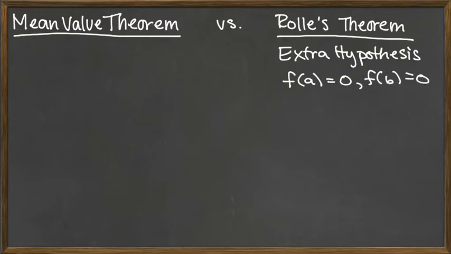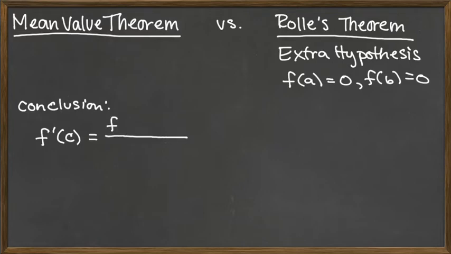Given that extra piece of information, let's compare the conclusions. The conclusion of the mean value theorem was that the slope of the tangent line equals the slope of the secant line. So the slope of the tangent line is our f prime of c, and that equals our slope of the secant line, which was (f(b) minus f(a)) over (b minus a).